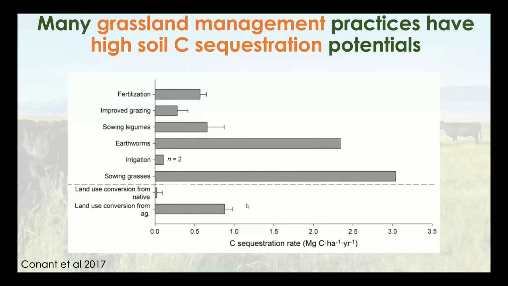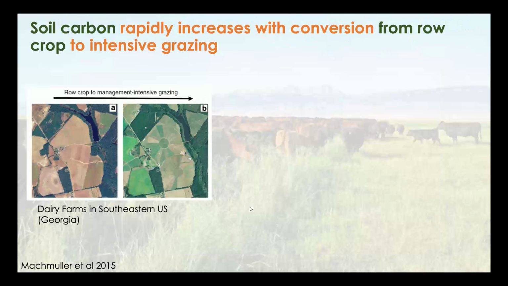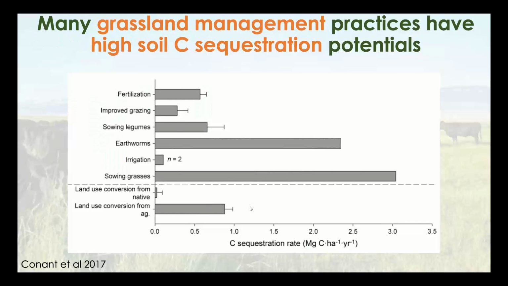And each one of these implemented alone contributed to carbon sequestration. And you can see that, for example, sowing grasses had the largest effect, while irrigation had the smallest effect. And so there's great potential for implementing these particular practices, and especially if implementing multiple at once, to enhance the amount of carbon stored in your soils.